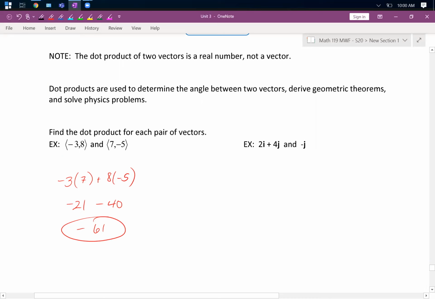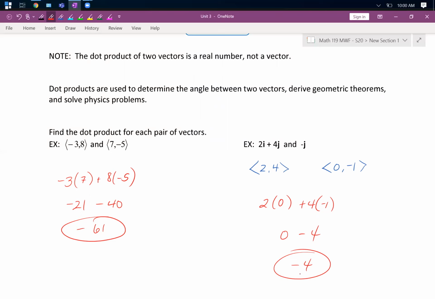I prefer to have it in the angle brackets. This is <2, 4>, and this is <0, -1>. So then our dot product, 2 times 0 plus 4 times -1. It's going to be 0 minus 4, which is -4. Questions on finding the dot product?